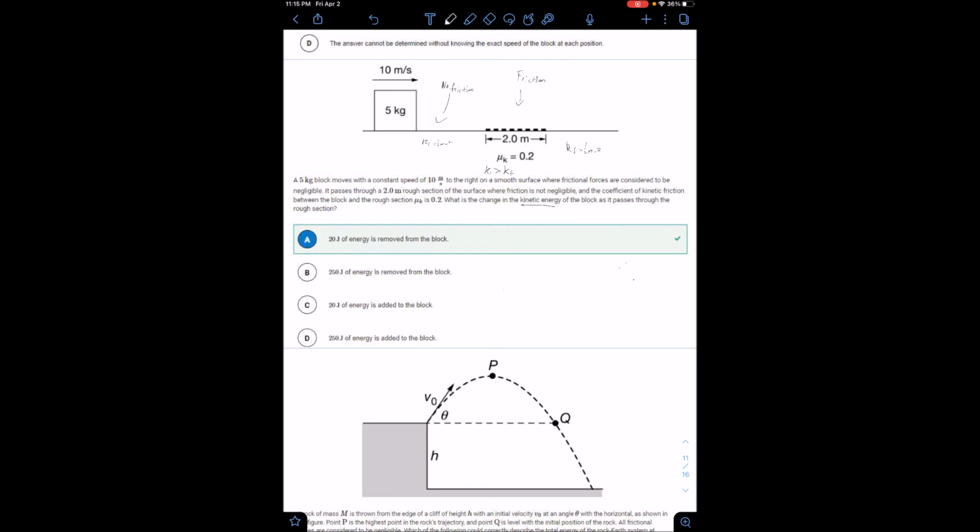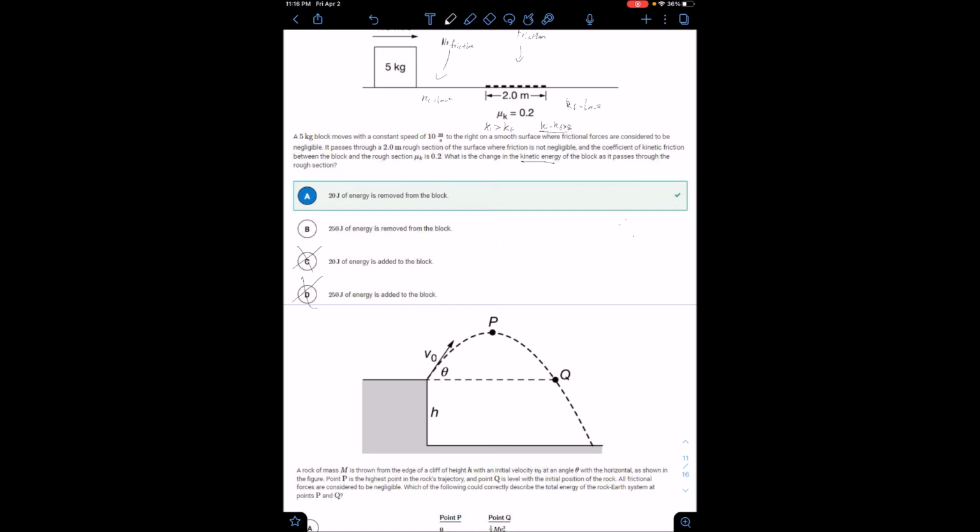Because of that, there will be energy removed, and we can view this as the difference being greater than 0. So there is some energy removed, and it will be some positive remainder, but we are removing energy. And so we can automatically rule out C and D.